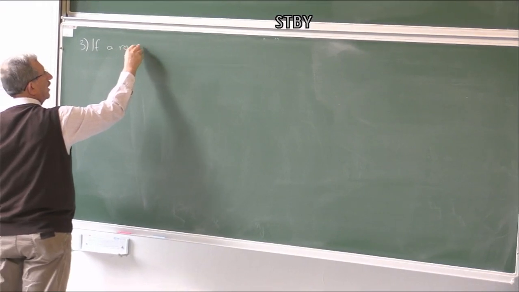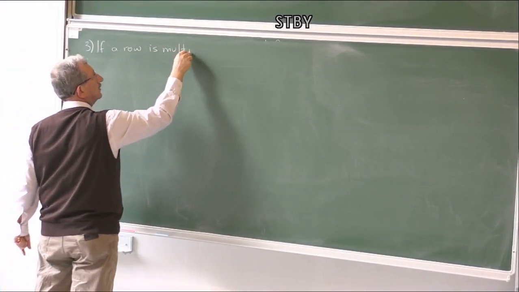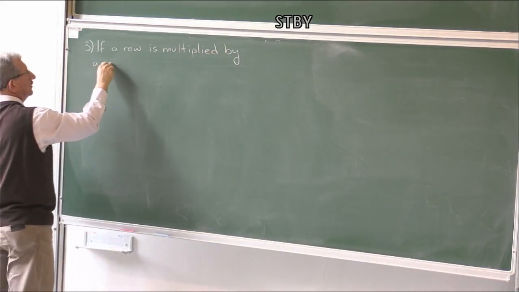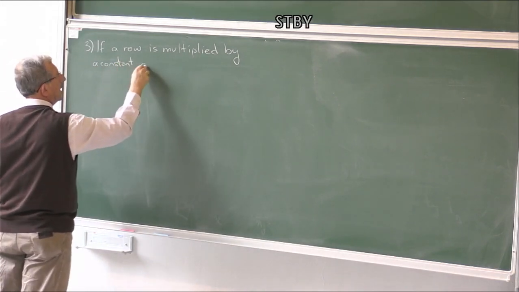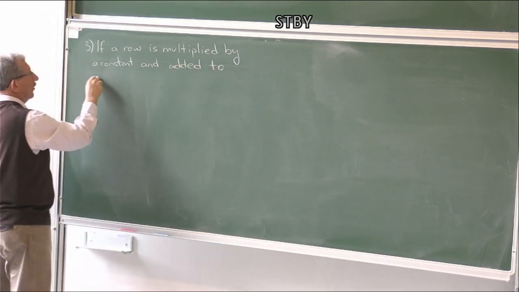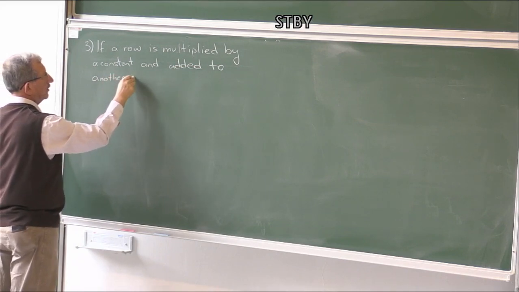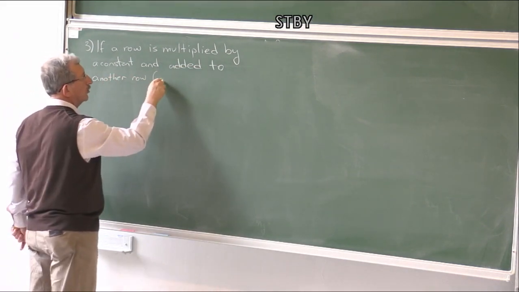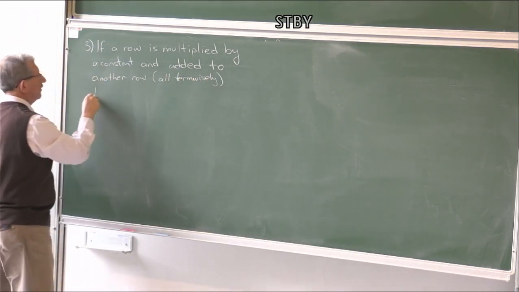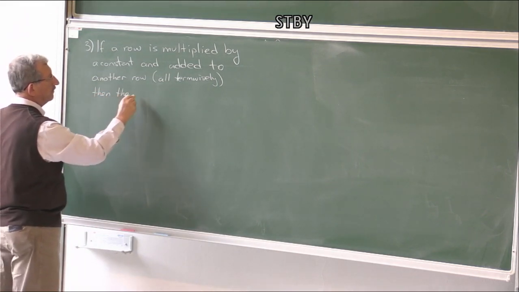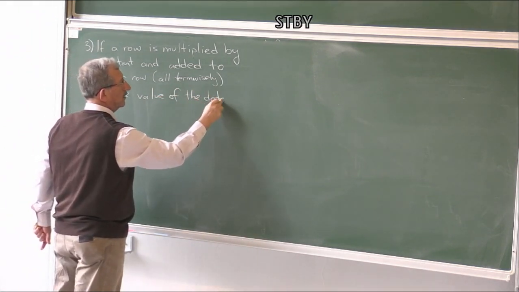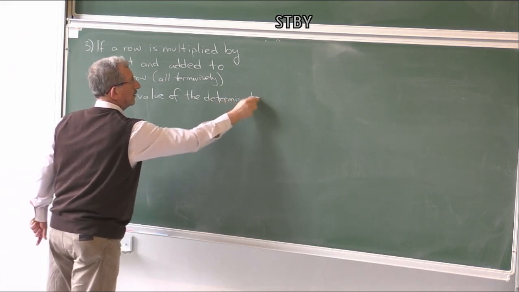If a row is multiplied by a constant and added to another row, of course, all term-wisely, then the value of the determinant does not change.